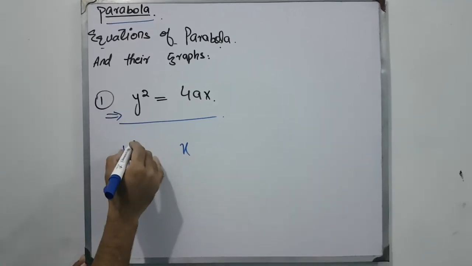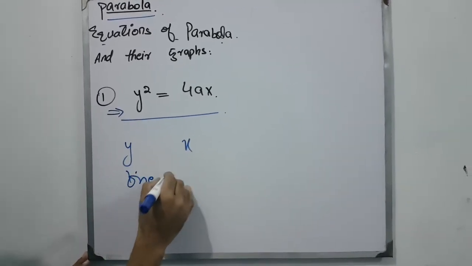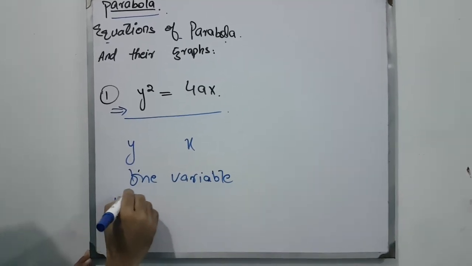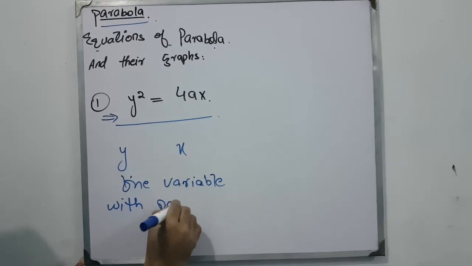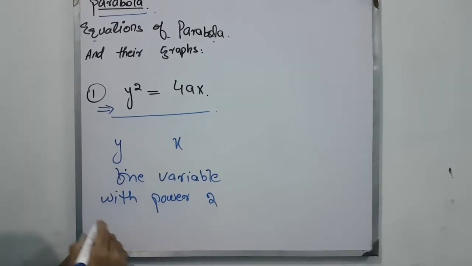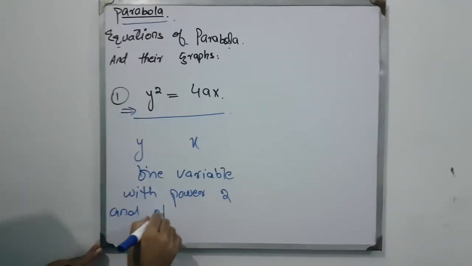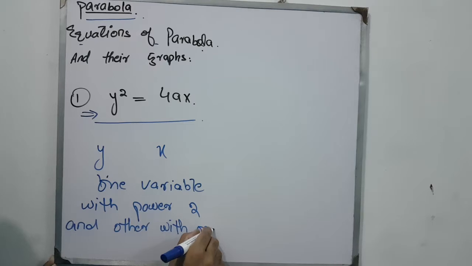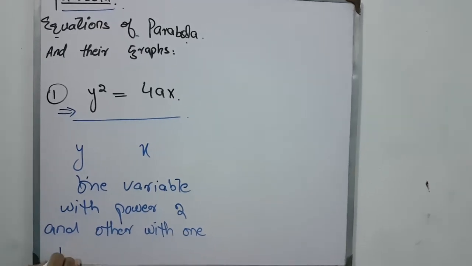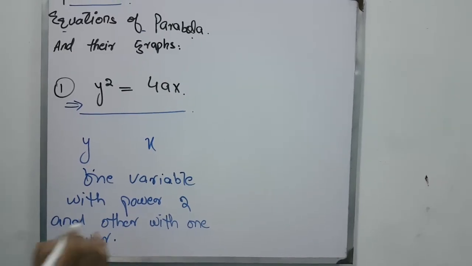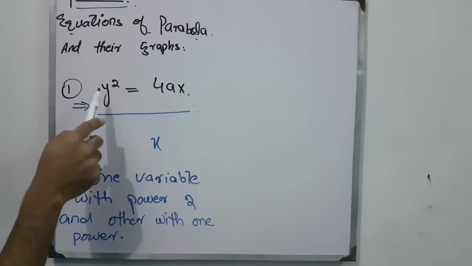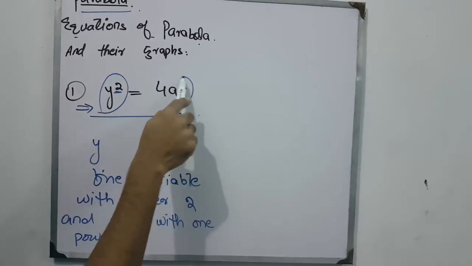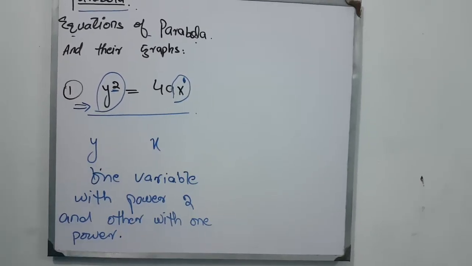One variable with power 2 and the other with power 1. You can see that right here y has degree or power 2 and x has degree or power 1.